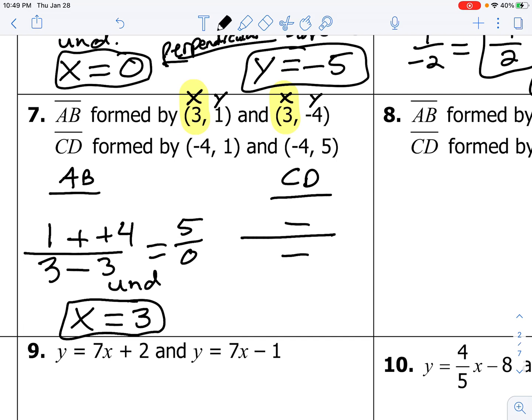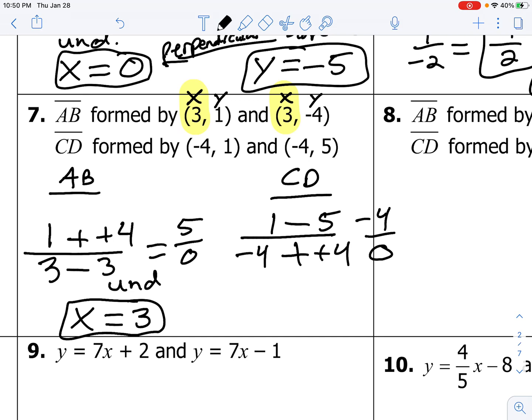All right, now we do the bottom two ordered pairs, which is CD. So drop the y's down on top, 1 and 5. Drop the x's on bottom, -4 and -4, which turns into a positive. 1 minus 5 is -4. -4 plus 4 is 0.